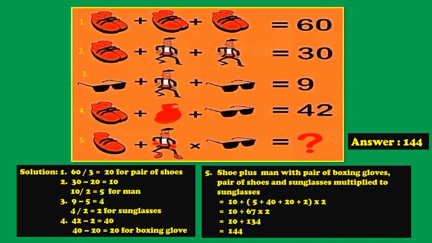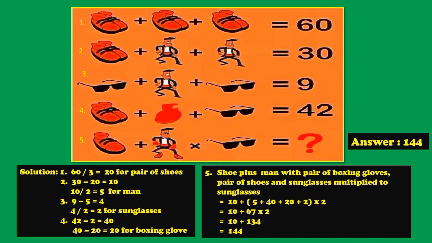Then the next row we have 30. Since we now have the value of a pair of shoes, which is 20, 30 minus 20 gives us 10. Then 10 divided by 2, because there are two men in the given row, so the value of a man is 5.